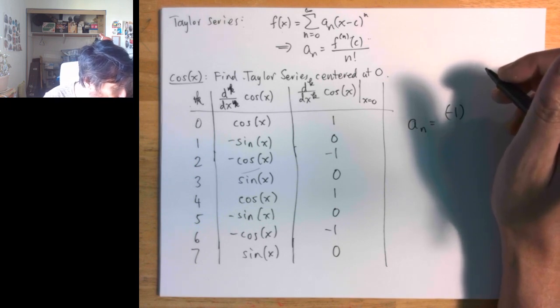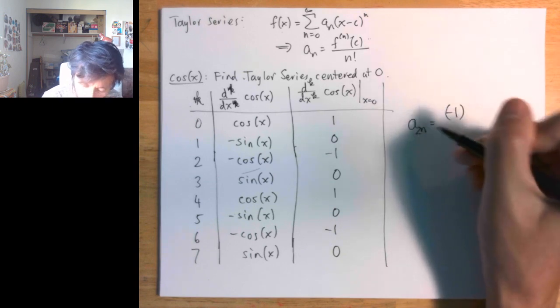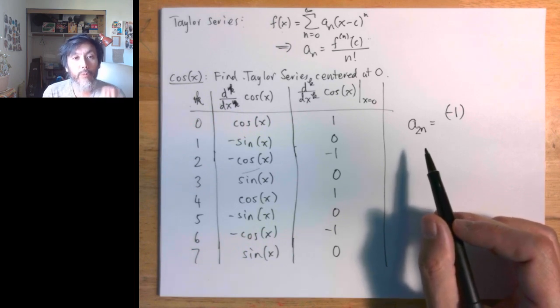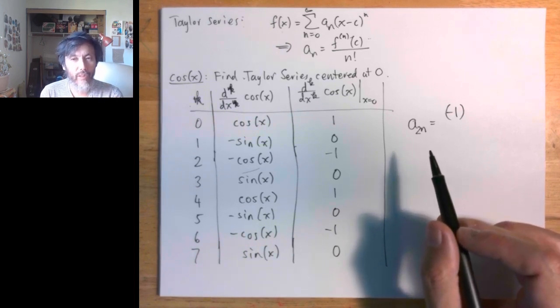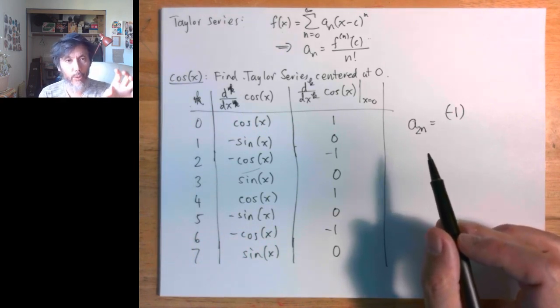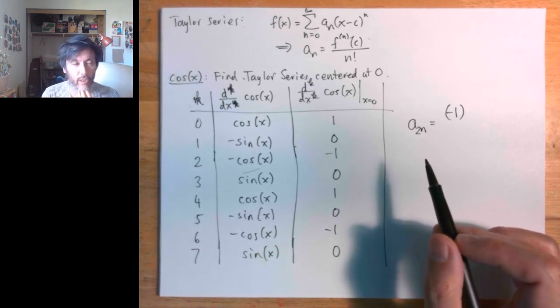A sub 2n is what I want to tell you about. Okay, so let me back up. How do we represent even numbers? Even numbers are represented as 2 times some number, right? 2 times something. Those are what even numbers are.